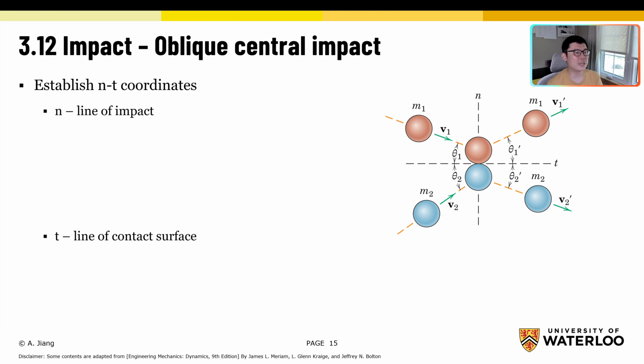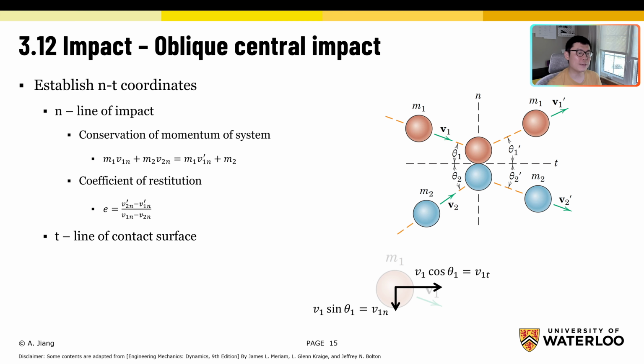If two objects are not collinear, we can set up an NT coordinate at the point of contact, or point of impact. N direction is called the line of impact, and T direction is called the line of contact surface. Then, for each object, we'll break their velocity into N and T directions.